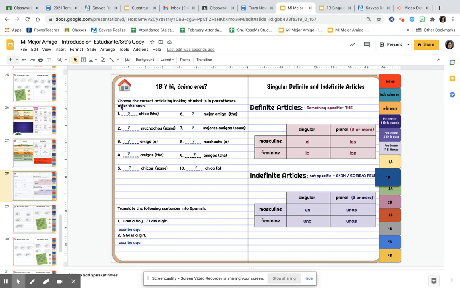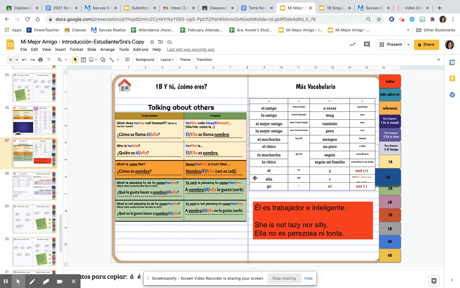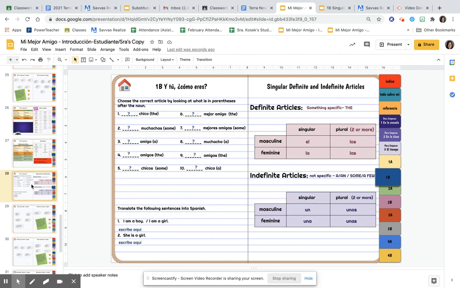It says, choose the correct article by looking at what is in parentheses after the noun. Here we have chico. You should know that chico, according to today's notes, is one of the words that means boy. Even in the notes, I have el in front of it to signify masculine. But this time you have to look at what's in parentheses. It says the.